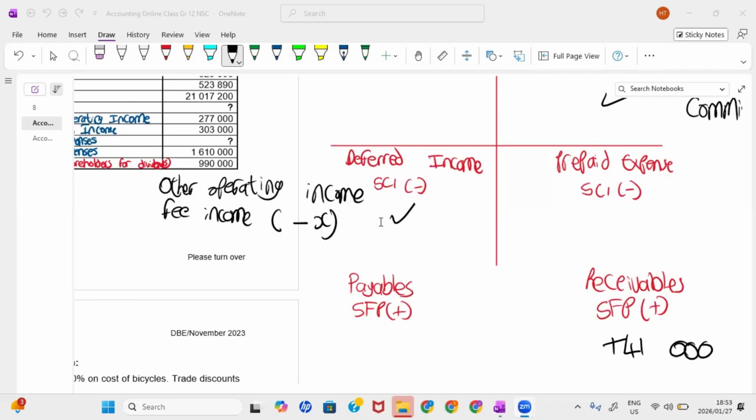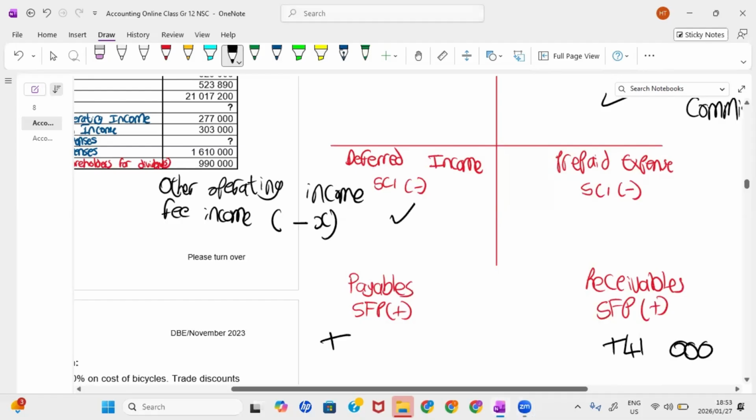And then when we go to the balance sheet, we are going to add under payables. We add whatever the amount is under payables. So already you are seeing that with one adjustment, you can already deal with it in both the income statement and the balance sheet simultaneously at the same time.